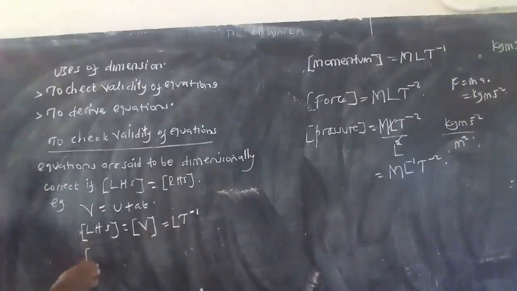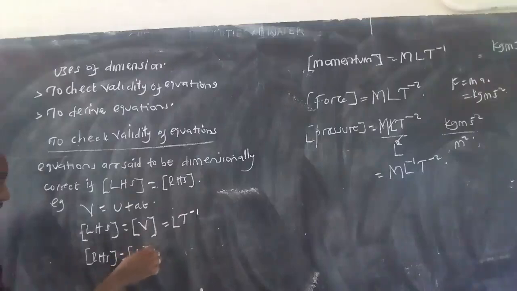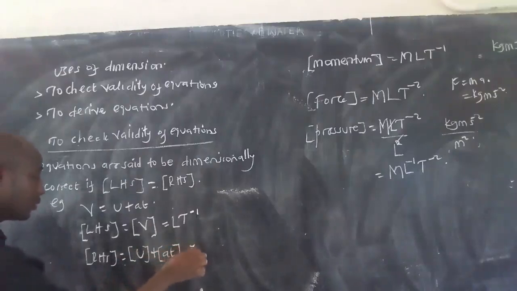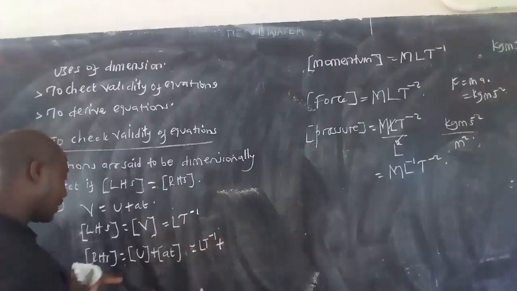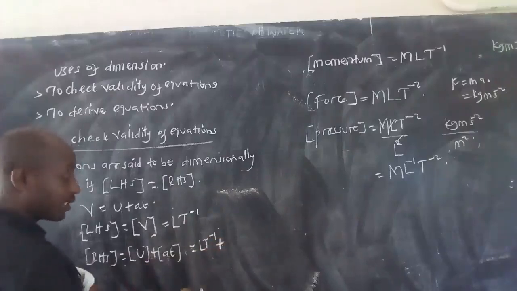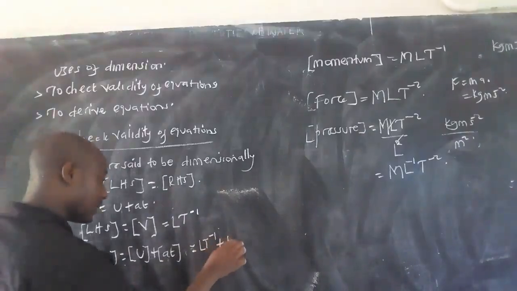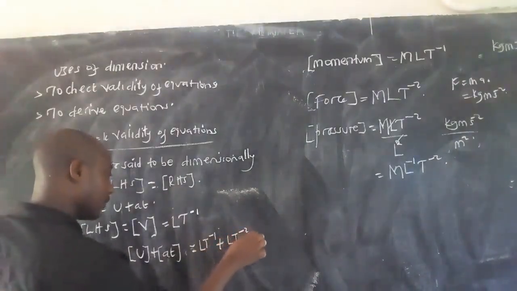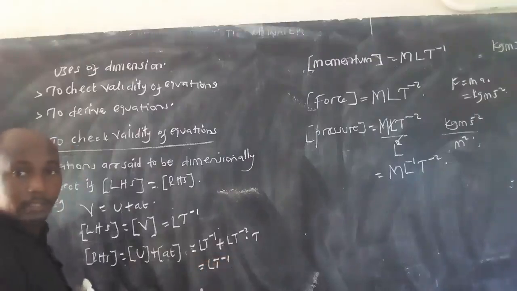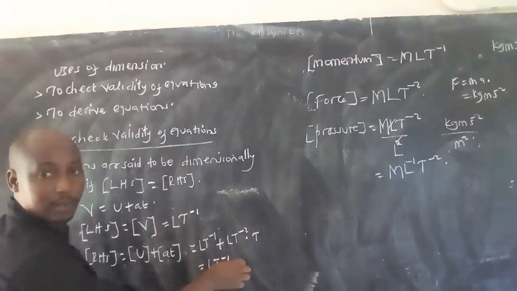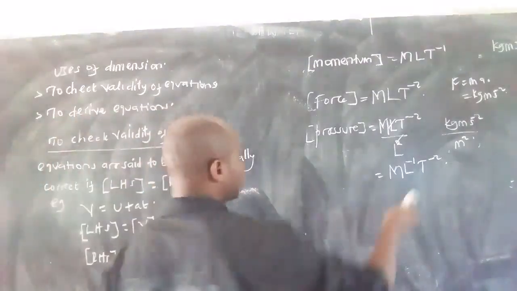The dimensions of right hand side will become dimensions of U plus dimensions of A T, which will become dimensions of U is L T negative 1, plus dimensions of AT. A is meters per second squared, so that is L T negative 2 times T, which will become L T negative 1, okay? Let me write it up there.